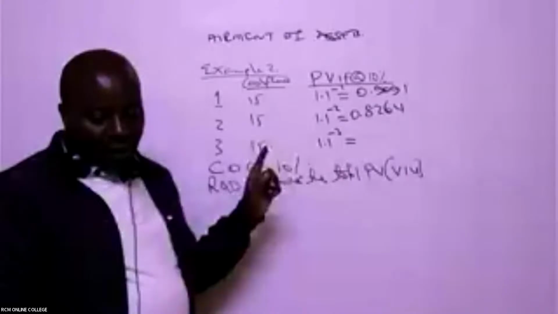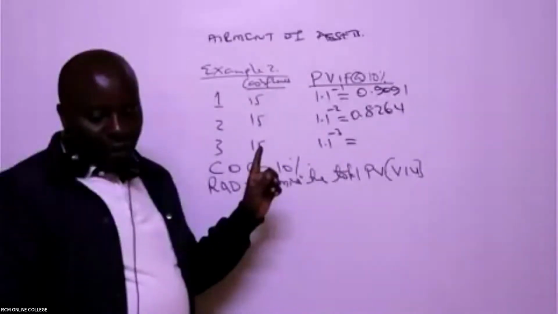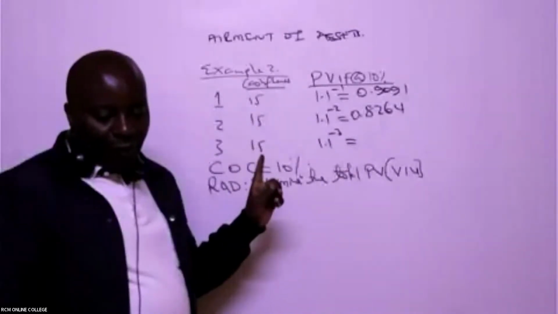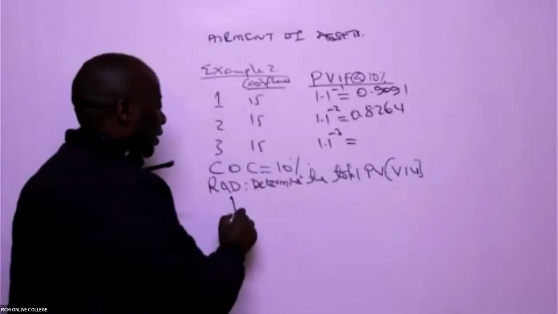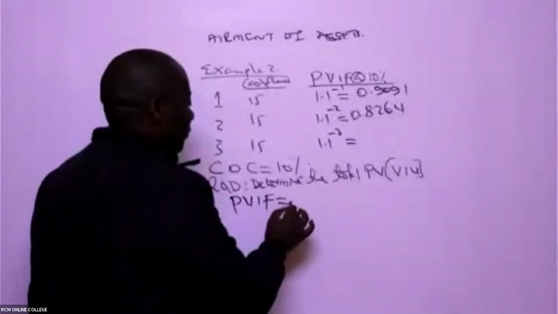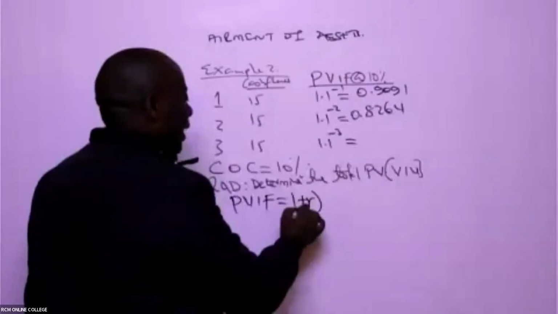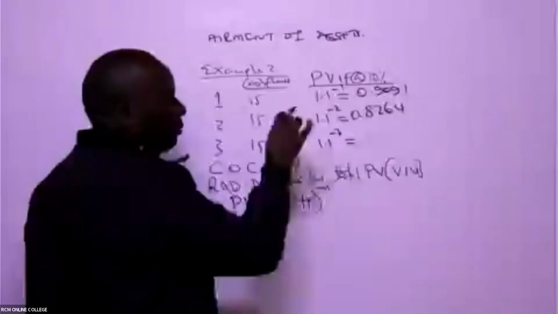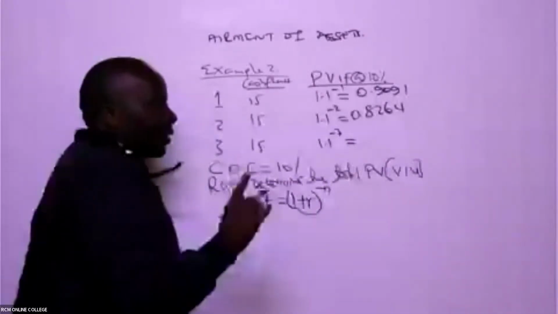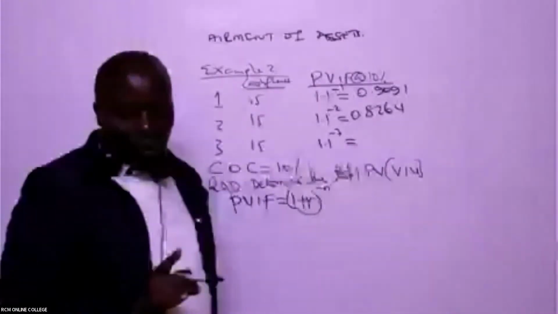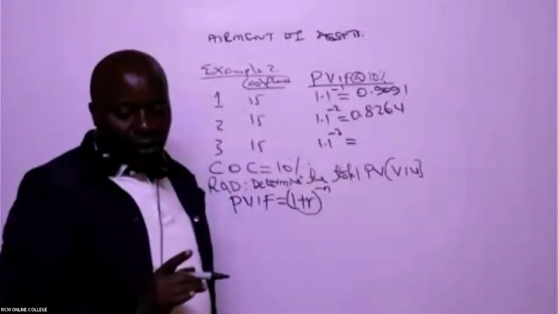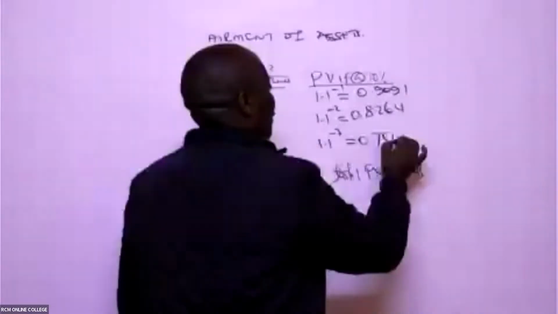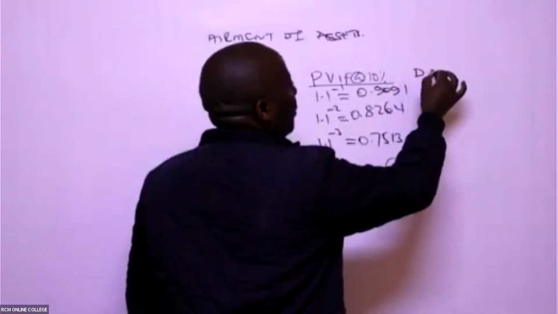Monica, remember, we're using PVF. PVF is 1 plus R raised to -n. I know what you're talking about, but PVF is (1 + r)^-n. So 1.1 raised to -2, the same PVFs that we got. So the third one should be 0.7513.